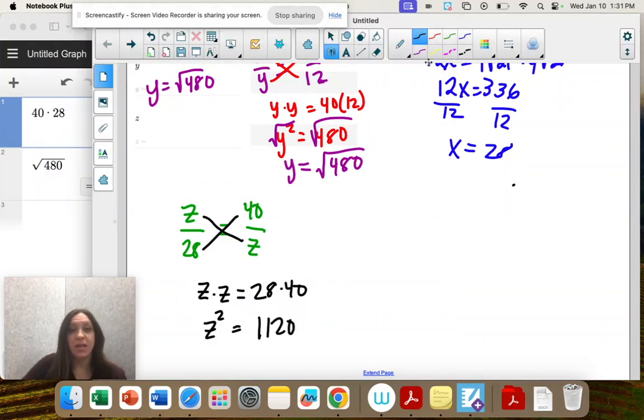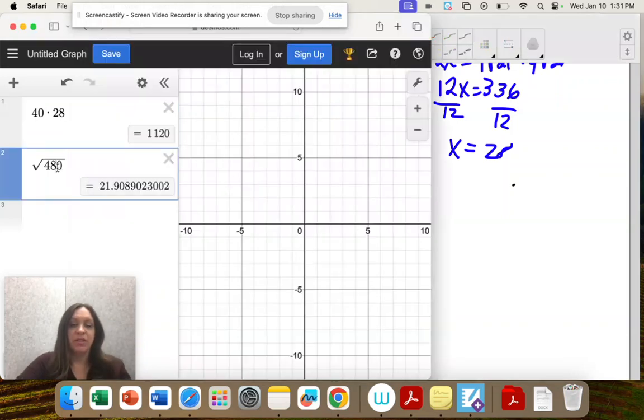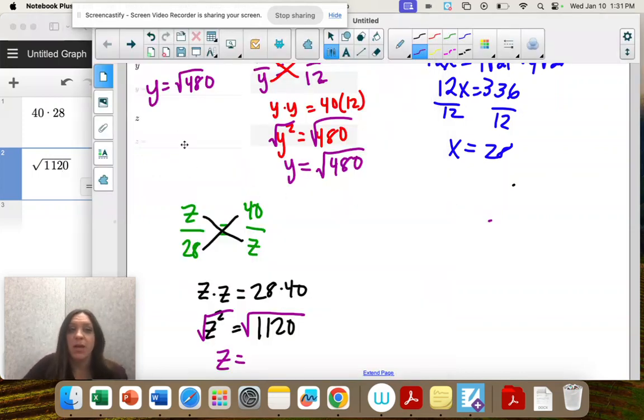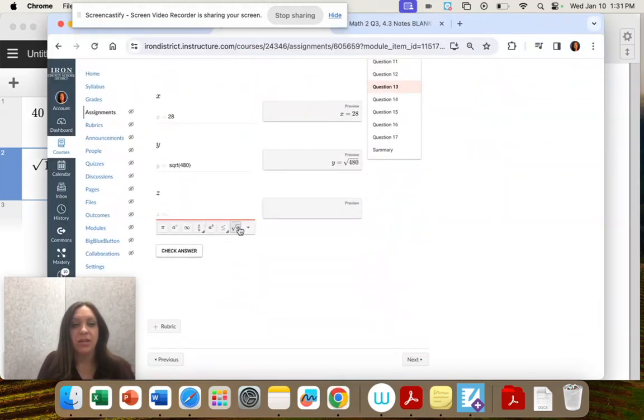And then it's the same thing we did with the y. We're going to get rid of that square and take the square root. So square root of 1120 is a decimal. So that means we're going to leave it as a square root. This is the exact answer, the square root of 1120. So let's type that in, square root 1120.